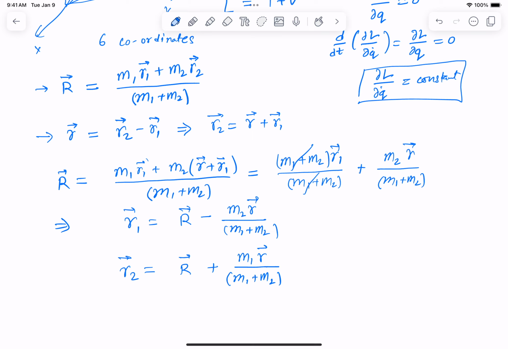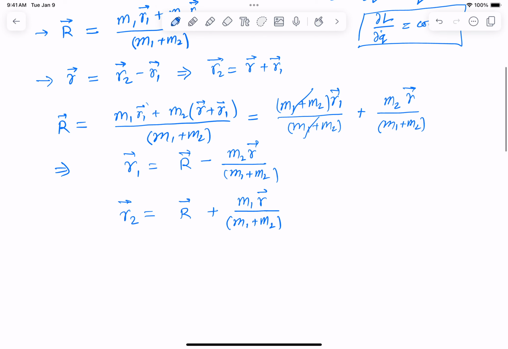Okay, this would be your two vectors. So now we have written r1 and r2 both in terms of capital R and small r.